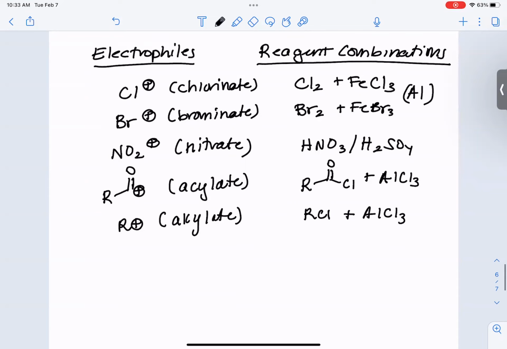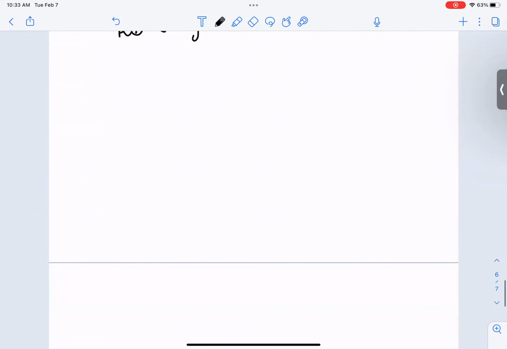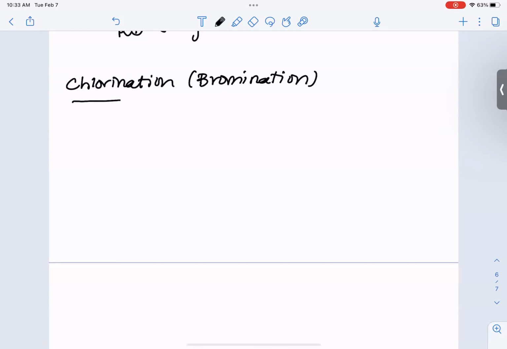All right, so the first one I'm going to go through is chlorination. But I'm going to put in parentheses bromination because it's going to be the same exact thing. So we have chlorine. And if you draw the complete Lewis structure for chlorine, you see chlorine has those lone pairs, those non-bonding electrons.